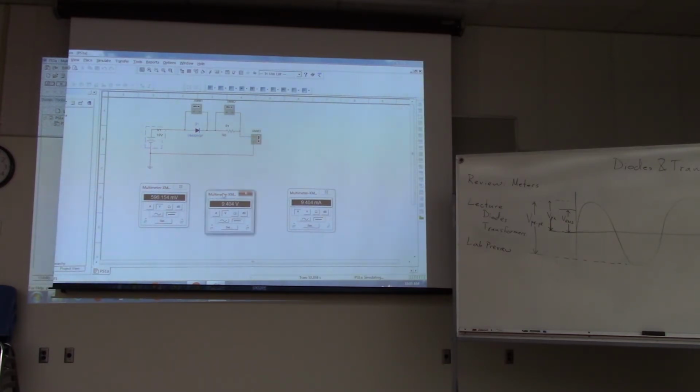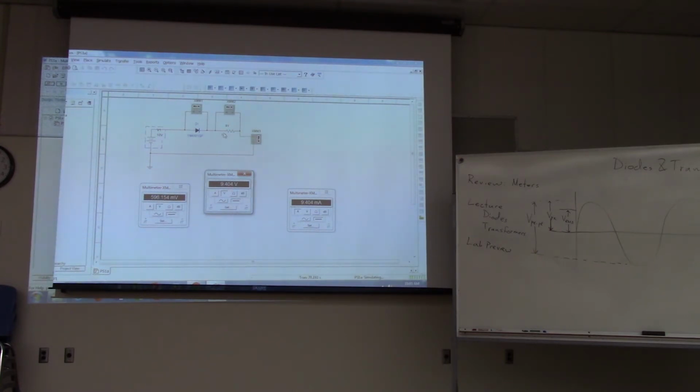We're measuring 9.4 volts across that resistor. And if we know that we have 9.4 volts across the resistor and we know how much resistance we have, we can use those numbers in Ohm's law to calculate the amount of current that we have. That's just for that one part of the circuit.